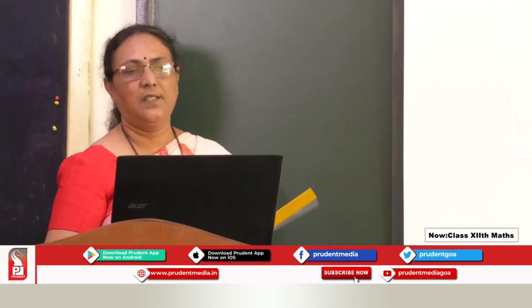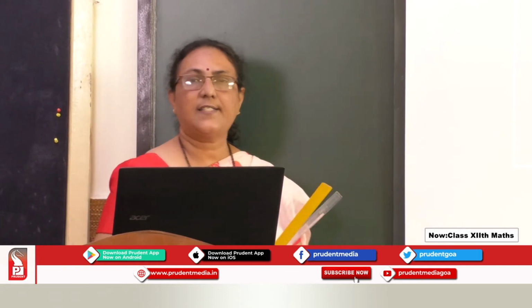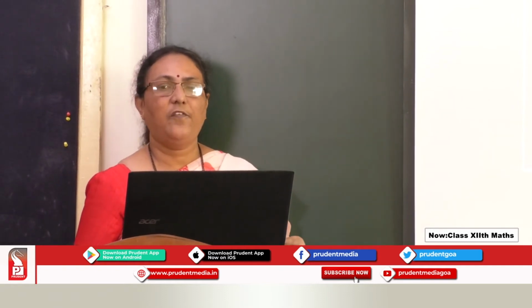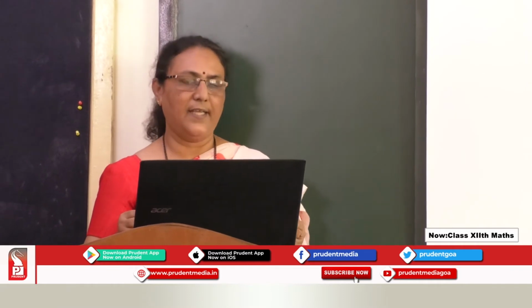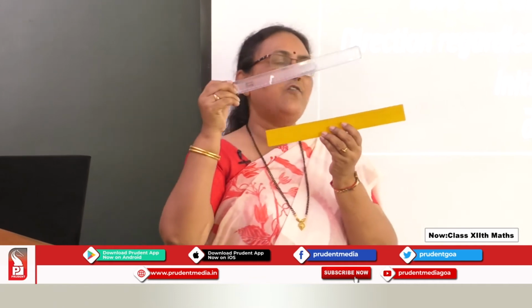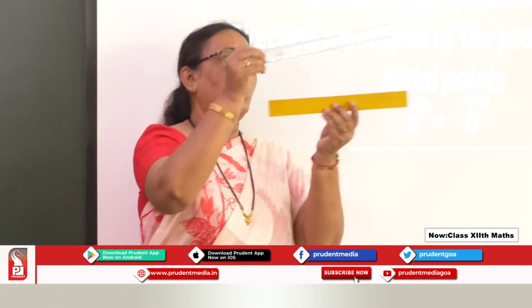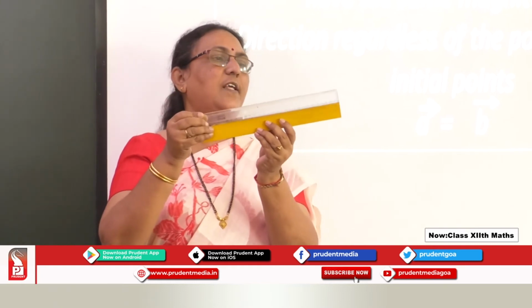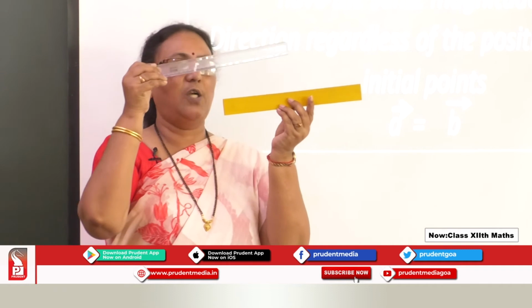Equal vectors. Two vectors A and B are said to be equal if they have the same magnitude and the same direction. Suppose these are the two vectors, and both are moving this way. The length of both is the same and the direction is the same, then only they are called equal vectors.